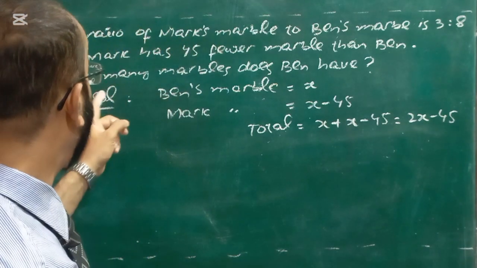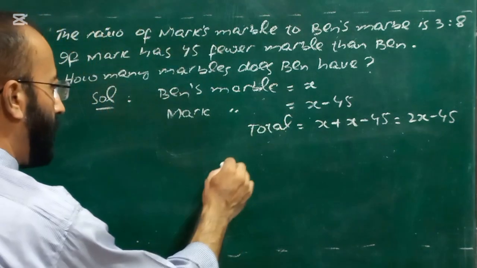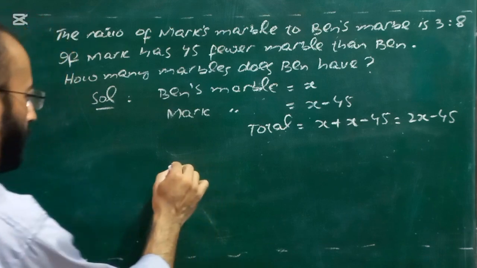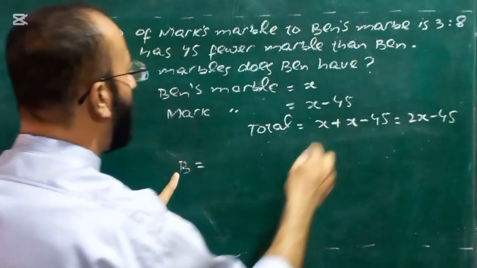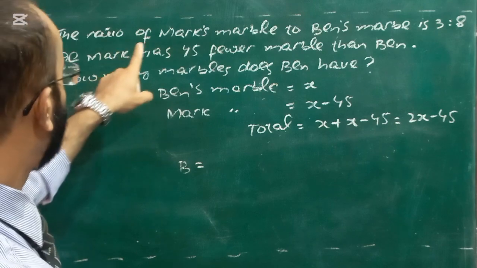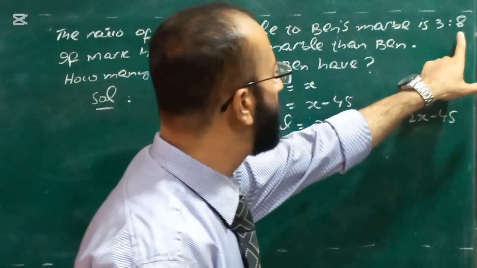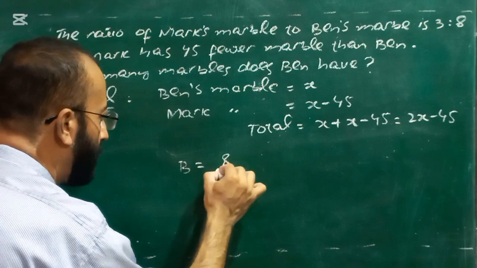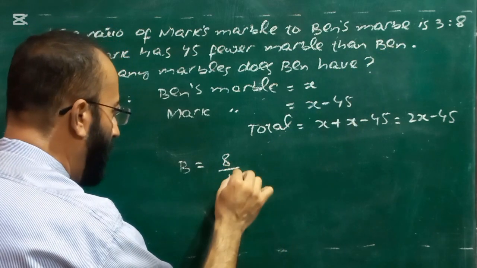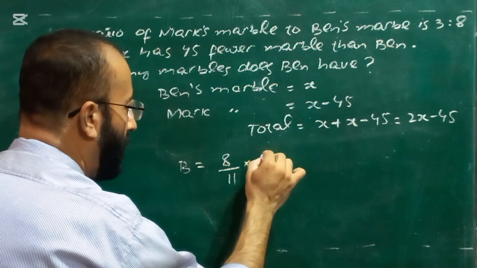Because now Ben's quantity is the requirement, Ben's quantity will be written in the numerator. So Mark to Ben, it means this is Ben's quantity, so 8 will be written in the numerator. The sum of ratios will be written in the denominator, multiplied by total.